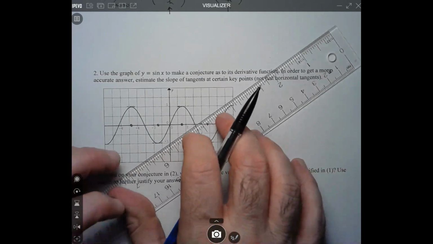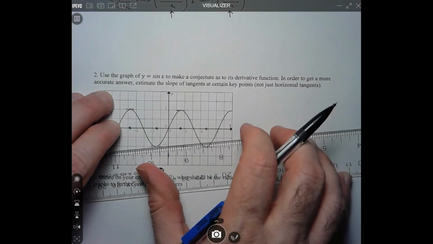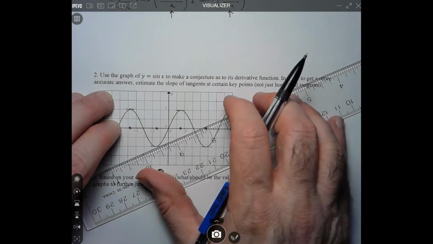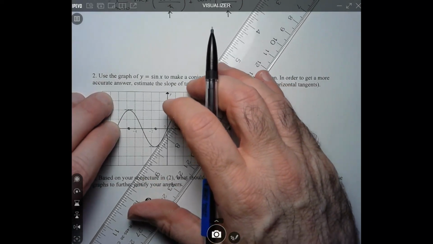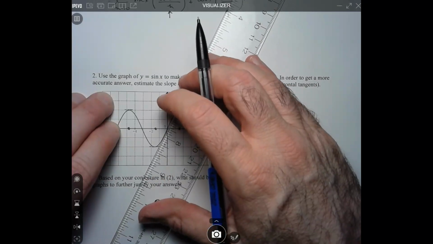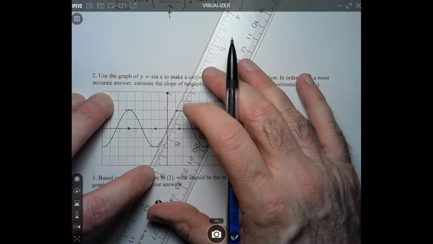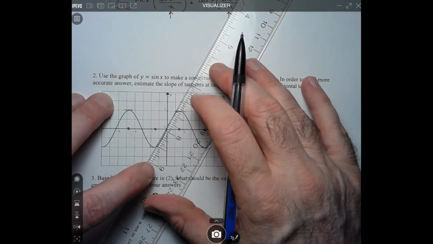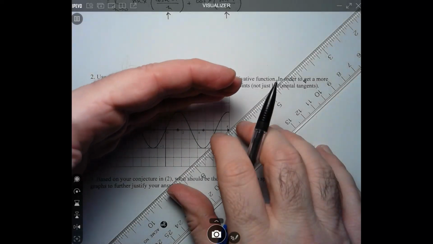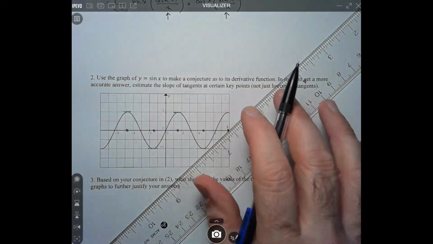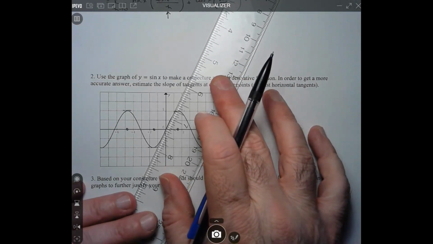Because if I think of drawing, here I've got my slope of 0, and I see the slopes are getting bigger and bigger, and it looks as though at 0 is where I'm going to have the steepest slope. Because as I move beyond 0, I see the slopes are getting smaller, and so they're getting less and less steep as I get to the next maximum.